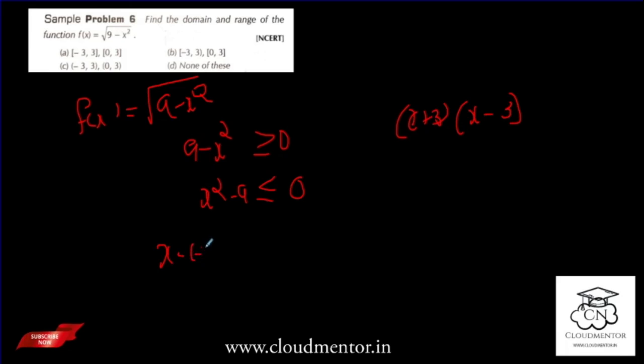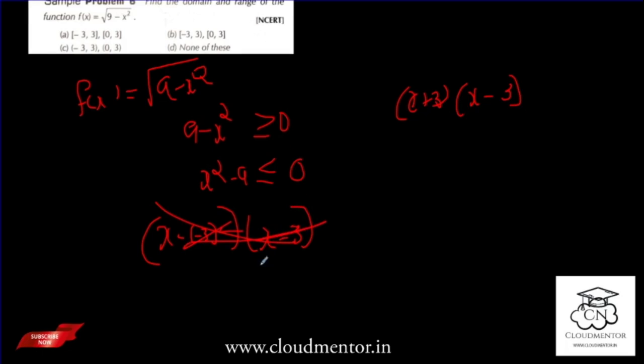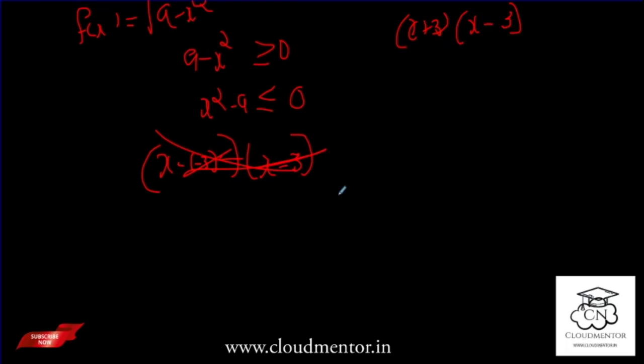Don't worry, it's not formal to use it like that; you can also write it like this, x minus 3 times x plus 3, which is less than or equal to 0.